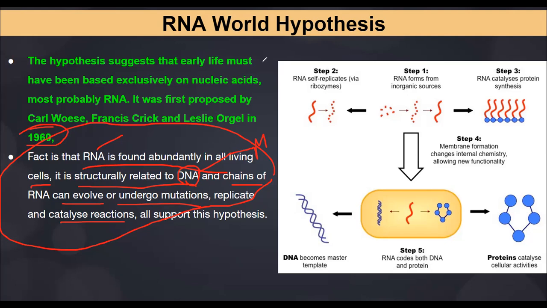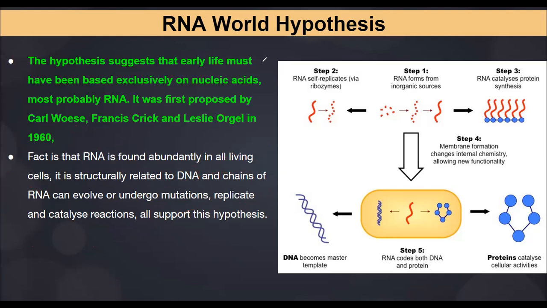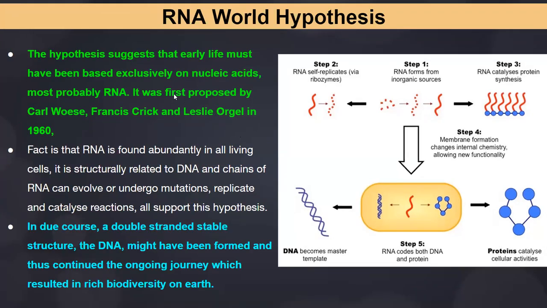So basically, you can agree mostly that early life must have started with the nucleic acids, mostly with the RNA. And then you can give a conclusion that, in due course, a double-stranded structure, which is DNA, might have been formed and thus continued the ongoing journey, which resulted in rich biodiversity on Earth.